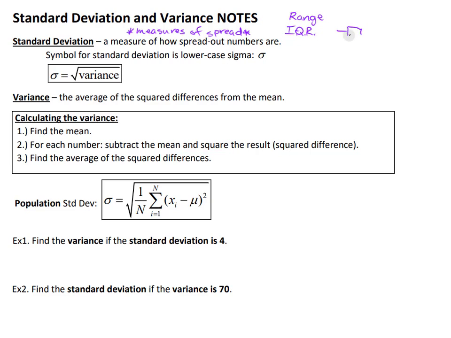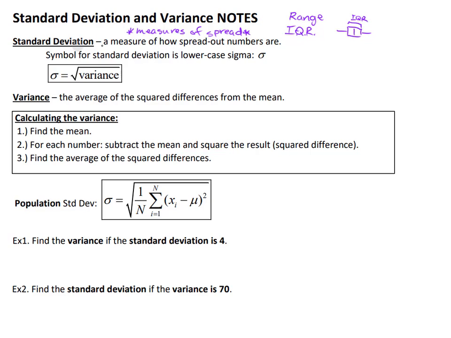This is the IQR, and that has 50% of our data. It's in that interquartile range. The range is just from the maximum to the minimum, and these, though, kind of give us more of an idea where the bulk of our data is, not necessarily just the middle 50%.